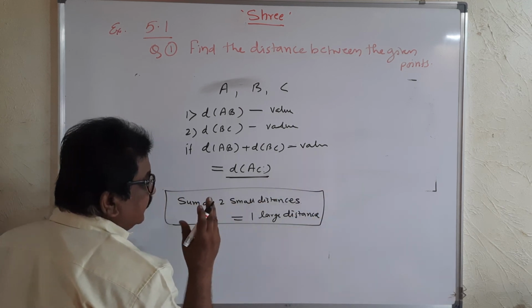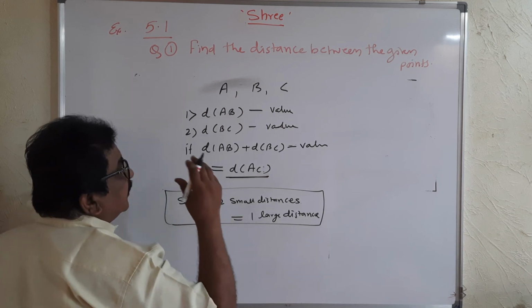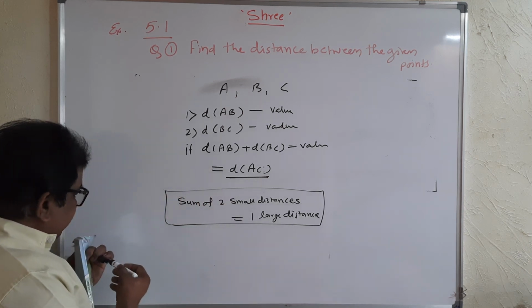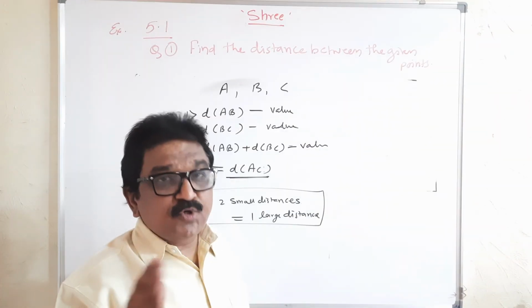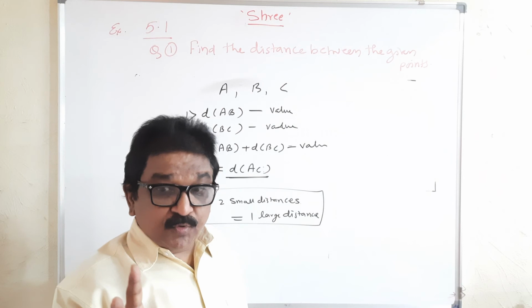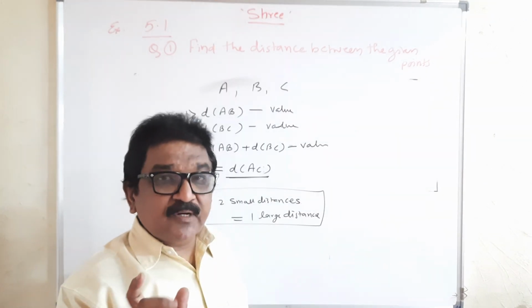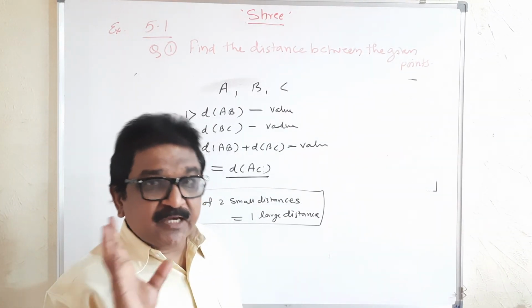This is very simple to remember. Whenever you get three distances, PQR, so PQ plus QR must be equal to PR.